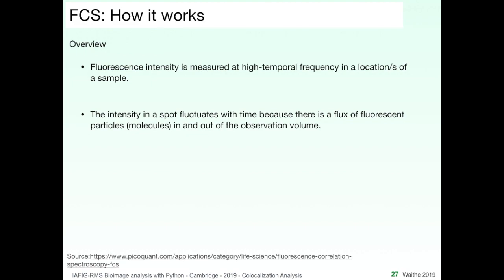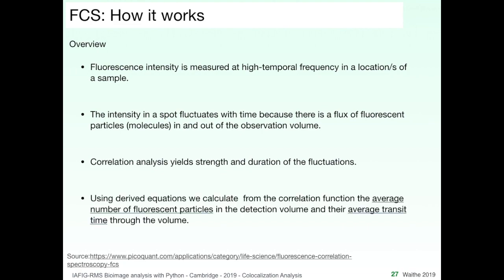And we use correlation analysis to yield the strength and duration of these fluctuations, and I'll show you that. And then once we've got our correlation profile, we can fit models, which we'll do in the practical, and not just calculate the rate of diffusion, but also estimate the number of fluorescent molecules that were there at any one time.